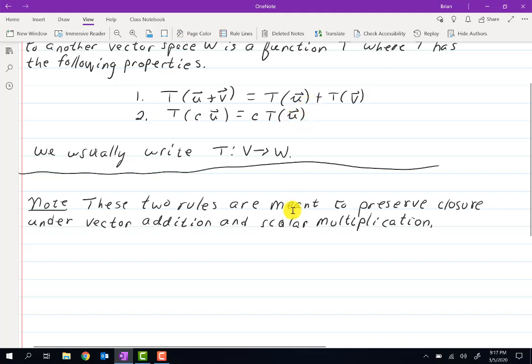Whenever you see something like this, T of U is in W. Just keep that in mind. Keeping track of when you're in V and when you're in W can be a little bit complicated sometimes.